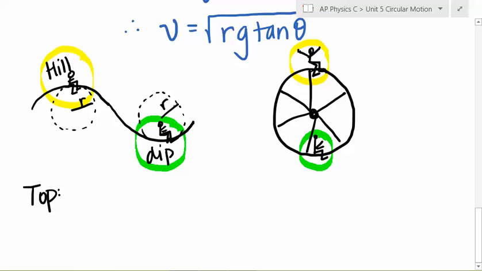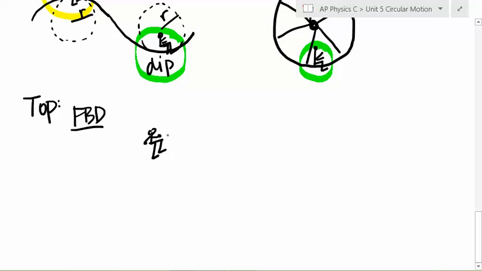Okay? So at the top, the free body diagram would look like, what forces are acting on you when you're sitting in a seat? Definitely a normal force, straight up. What else? A gravitational force, absolutely. And that's all. And the center of the circle is below you.